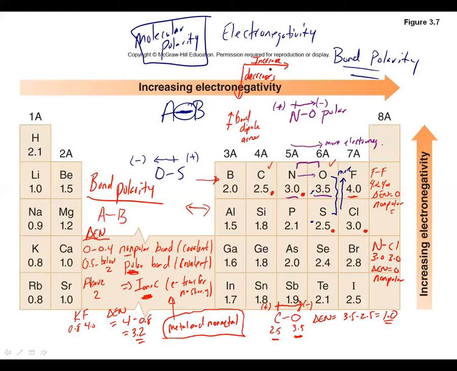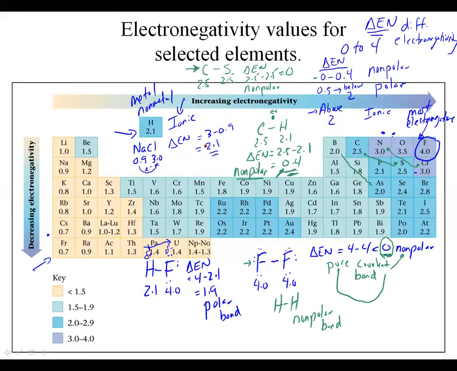A lot of times, without having these actual numbers here, you could just use the general trend to figure things out. Any questions on electronegativity? And if you do need the numbers, they will be provided for you. If they are not provided for you, that pretty much means you probably could use the general trend on the periodic table to determine that.